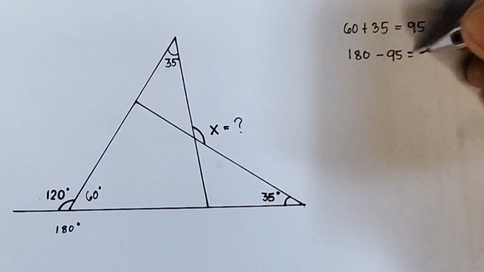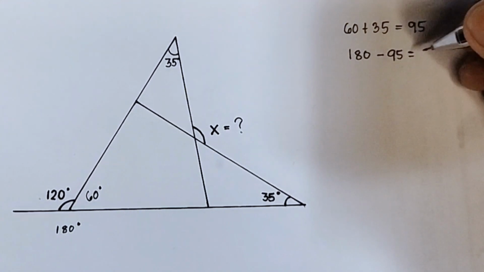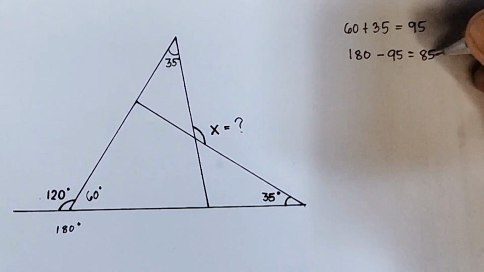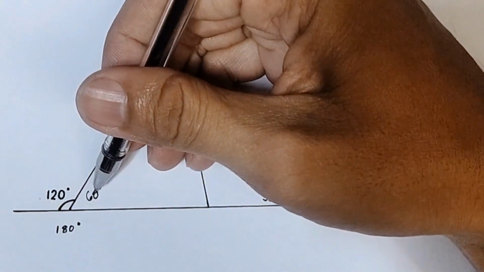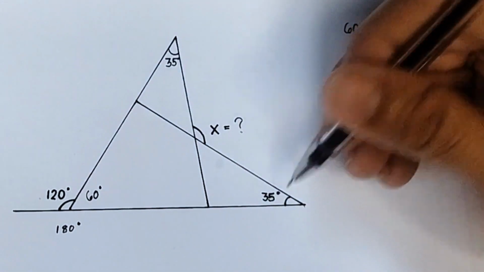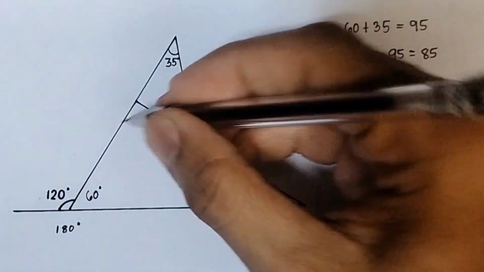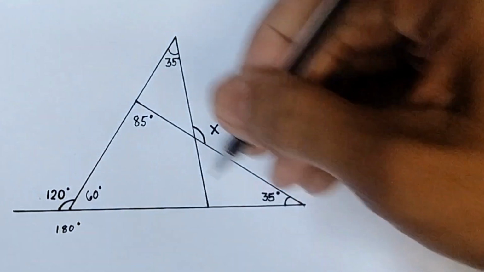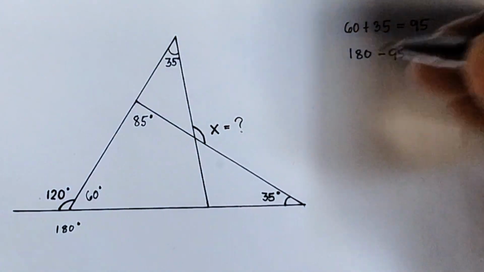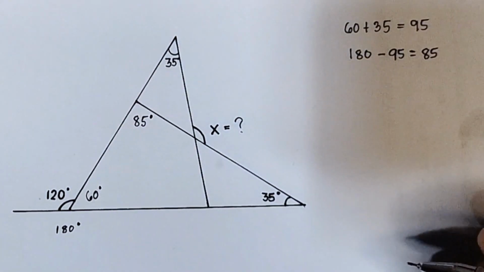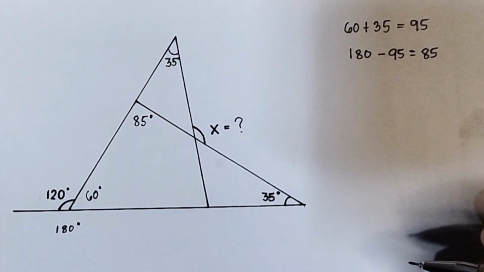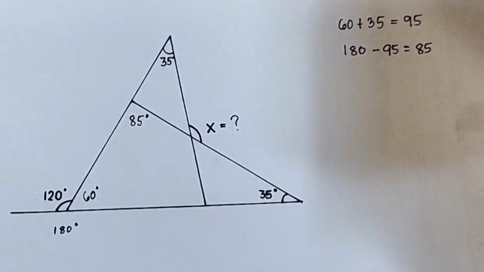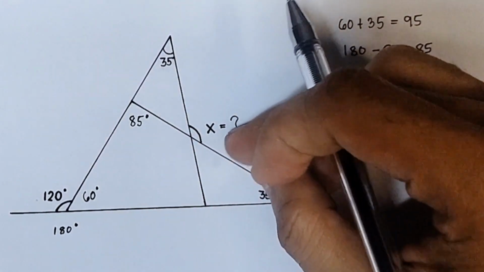So 180 minus 95, that is equal to 85. Alright? Since this is 60 and 35 degrees here, this is equal to 85 degrees. The sum of the three angles, if you add, that is equal to 180 degrees.